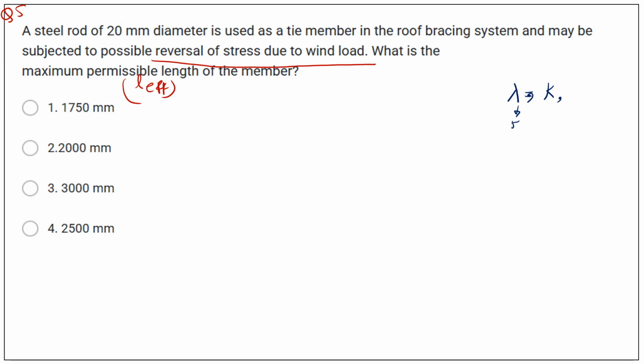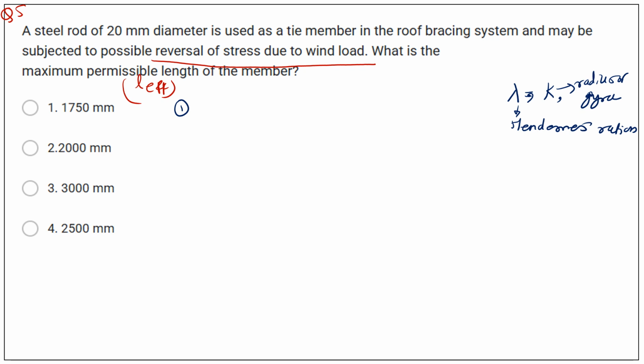Lambda is nothing but the slenderness ratio, and r is the radius of gyration. So first, as per the tension member, there is one chart for the slenderness ratio.